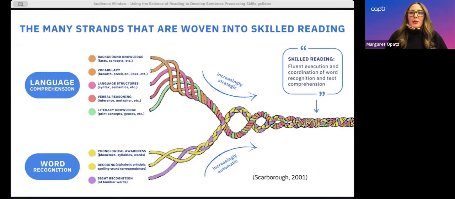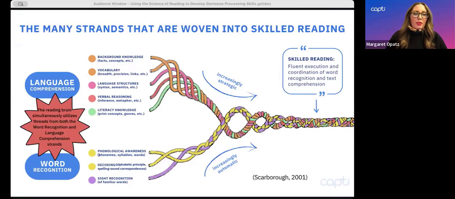So this is Scarborough's reading rope. And when we look at Scarborough's reading rope, we can see that there's these two broad categories of language comprehension and word recognition. These two larger strands really do work together as they help to really inform the other.